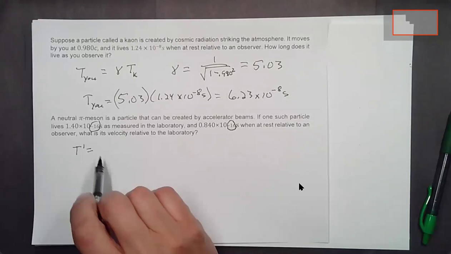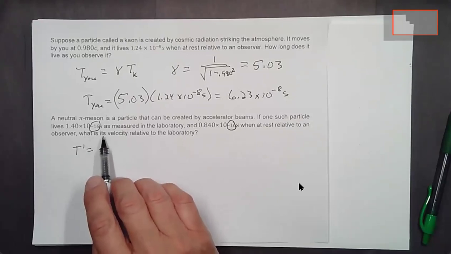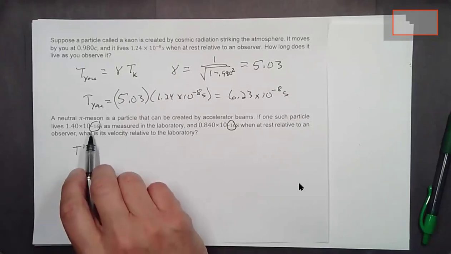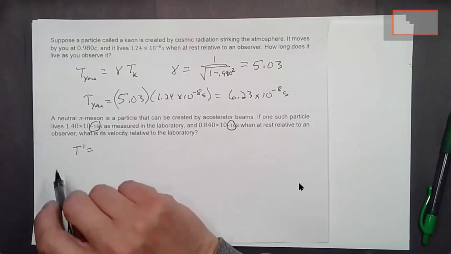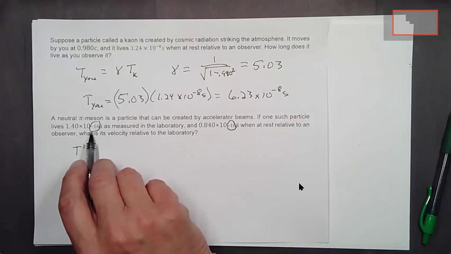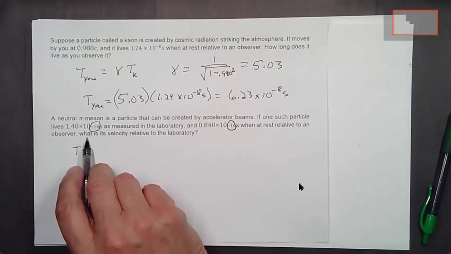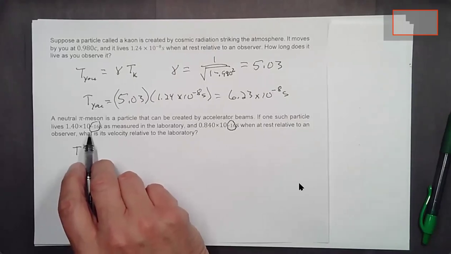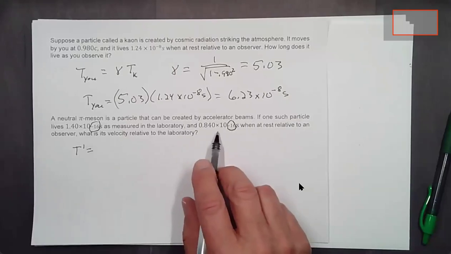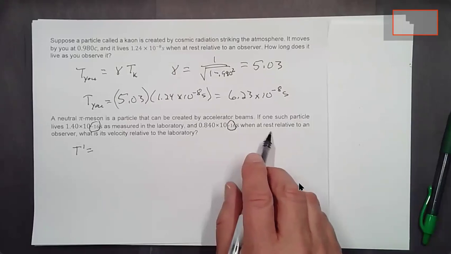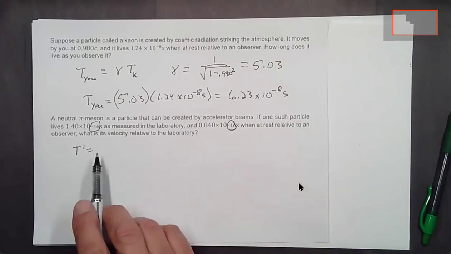Okay. Yeah, I'm not crazy about the way this problem is worded, because usually, as measured in a laboratory, what you would be getting is a particle at rest, but this one says 0.840 times 10 to the minus 16 seconds when at rest relative to an observer.